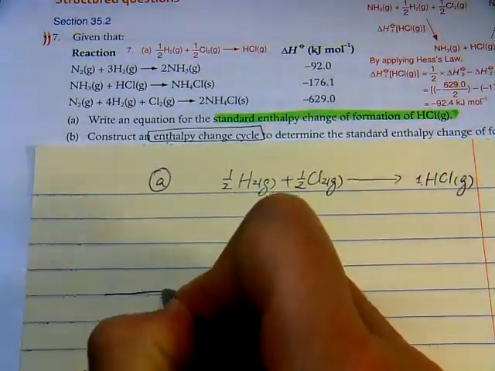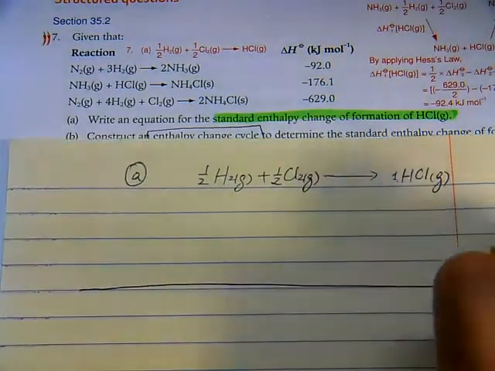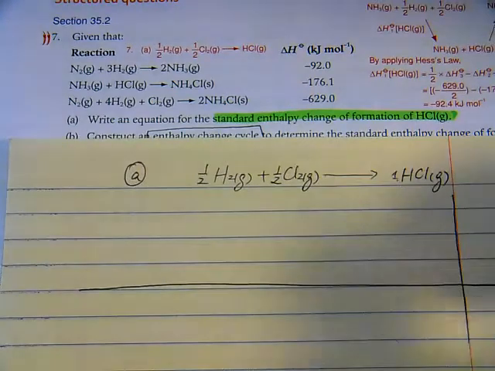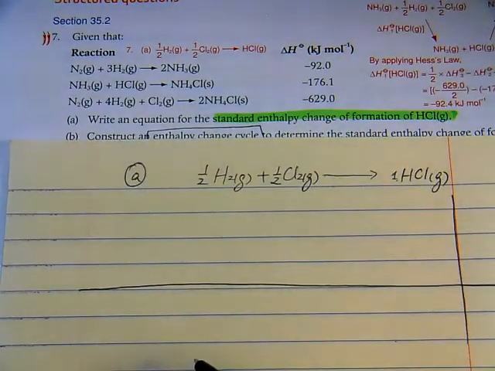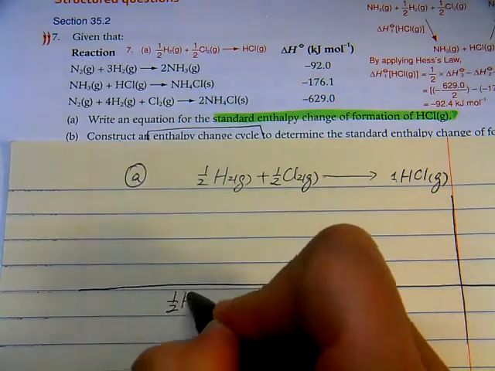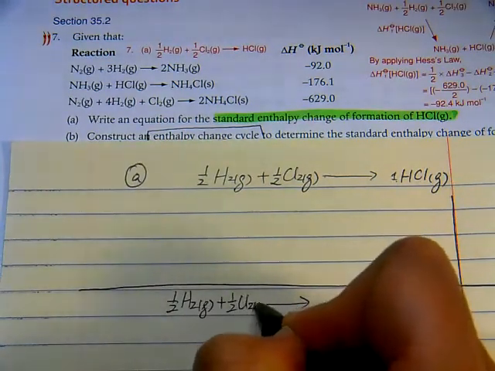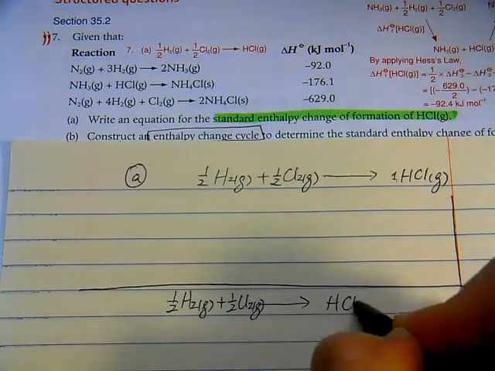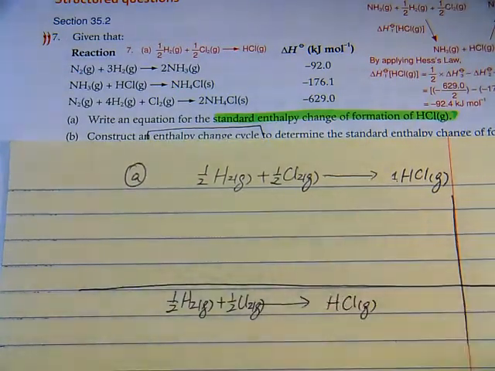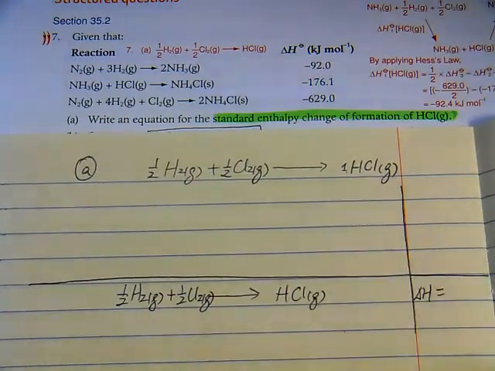That means work out the delta H of these 3 equations, and then this is your target. It should be your result. So write down your target reaction first, and then we need to calculate its delta H.